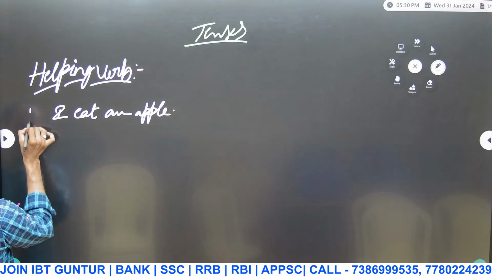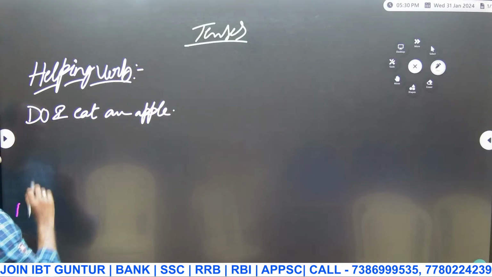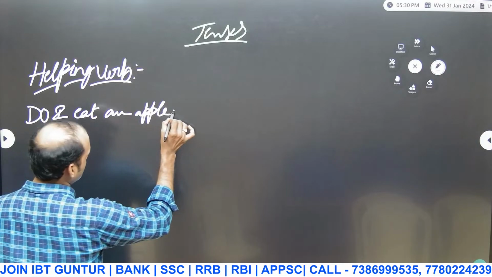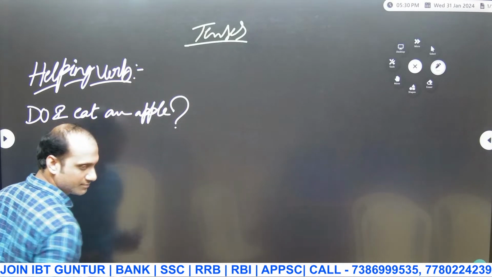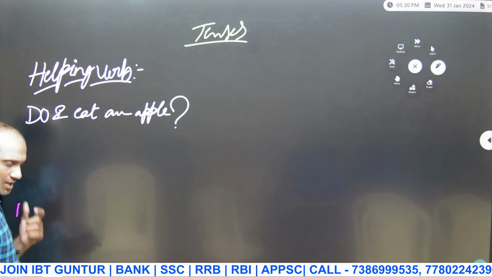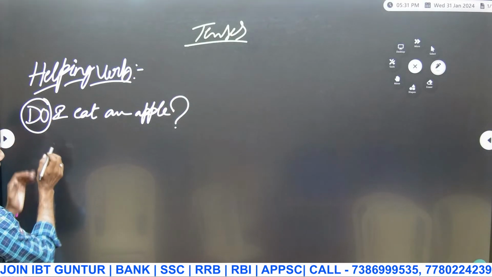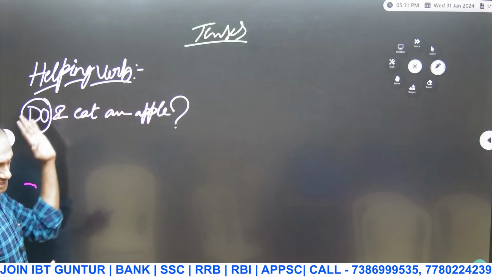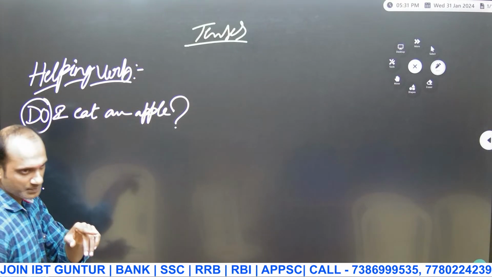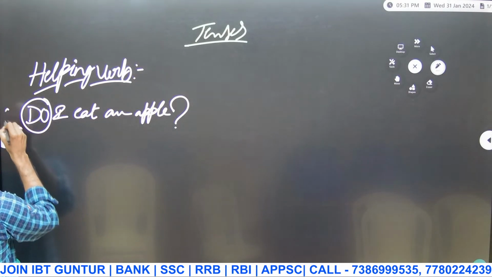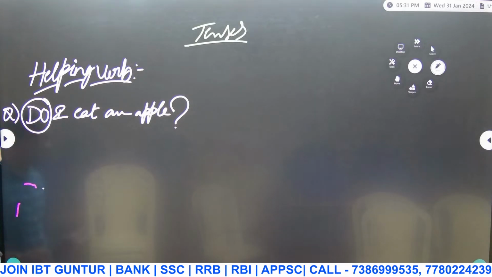By keeping helping verb, simply we can change this sentence into question. That's it. Without using this helping verb, can we frame any question? It is not at all possible. So that's why it is a question.